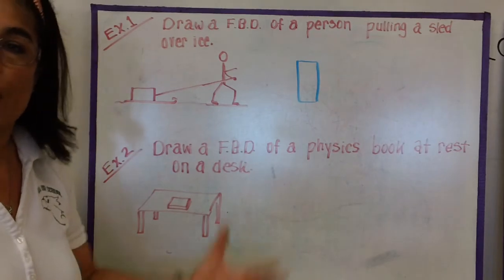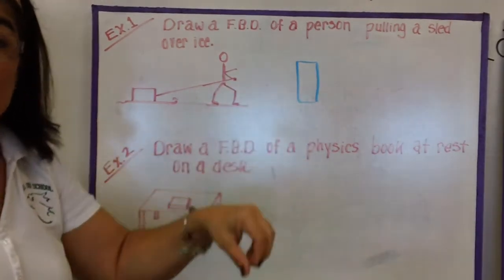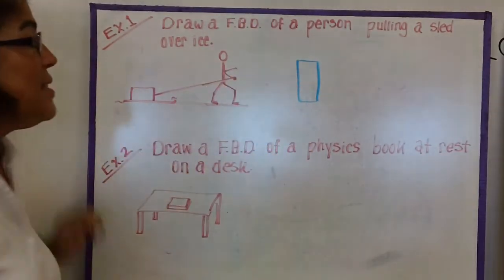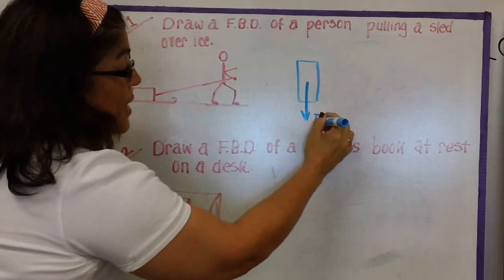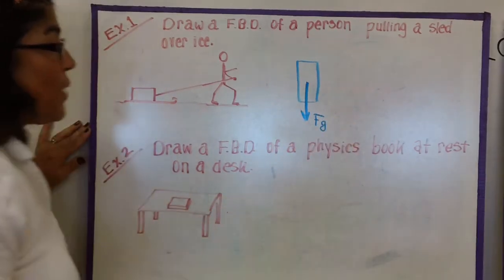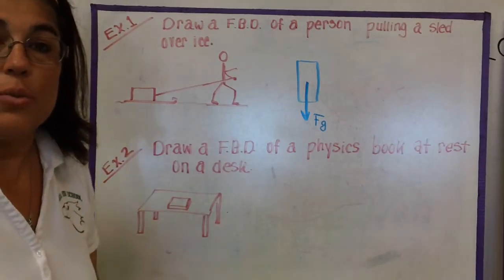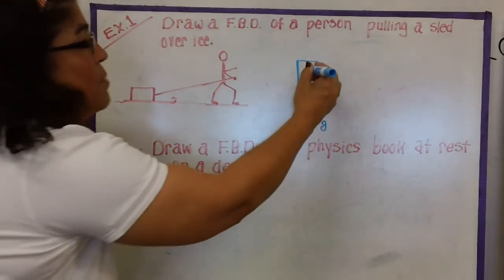Well, the person is going to have the force of gravity, and that is always down. And remember, gravity is negative 9.8, so it's pointing negative in the down direction. This is going to be called the force of gravity, so we're going to say F sub G. We also have a force, and we're going to talk about it more specifically later, which is called a normal force, and that is going to be the opposite of this, and it's going to point straight up.